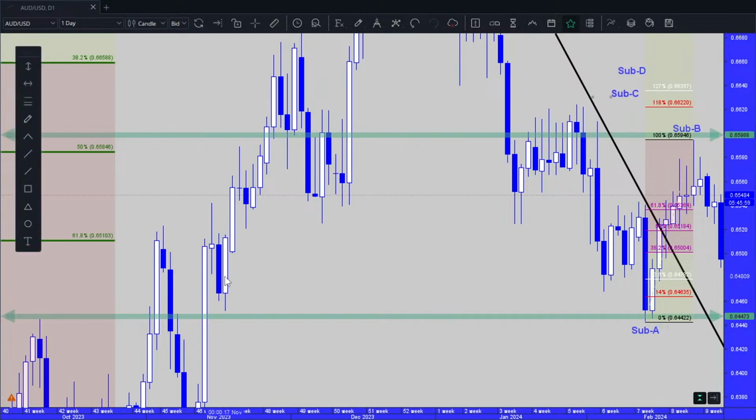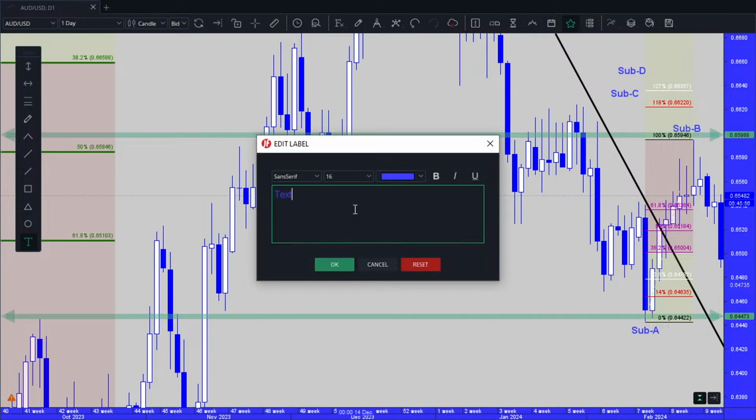Now, rules for trading the Contrarian Fibonacci. Alright, so rule number 1. Riskless compared to the original Fibonacci.